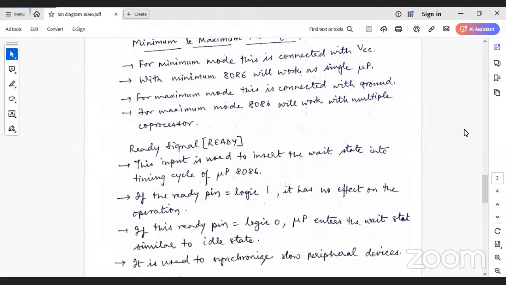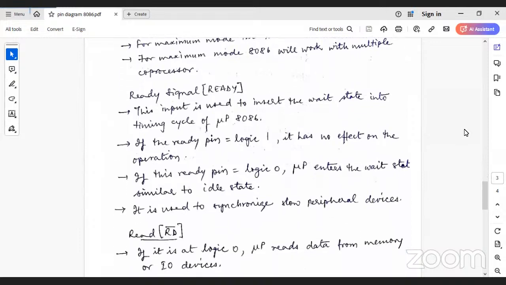Now, next one is the ready signal. The input is used to insert the wait state into the timing cycle of the microprocessor. This is also a new feature which exists with your 8086. Now, what is this wait state? Sometimes when you connect certain devices with the processor, the devices may be slow. They may not operate at the speed of the processor.